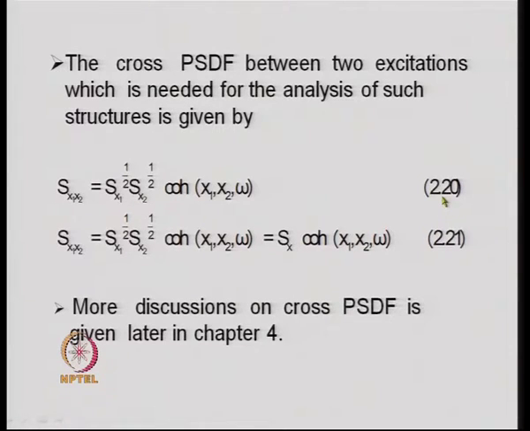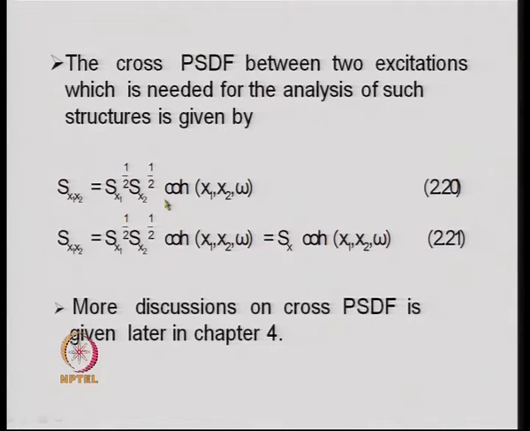If x1 and x2 are the two points, then there exists a cross power spectral density function between the ground excitation at these two points, represented by Sx1x2. It can be written as Sx1 to the power half, that is, the power spectral density function at point x1, times Sx2 to the power half, the power spectral density function at point x2, multiplied by a coherence function which is a function of x1, x2 and omega.